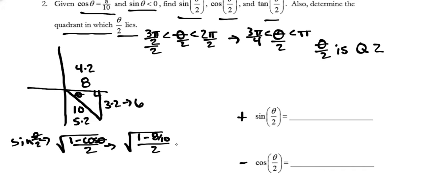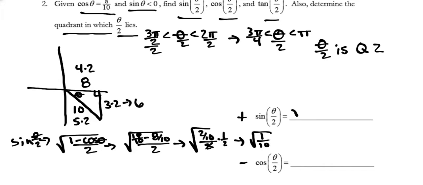And we're going to work this out just so we have a nice fraction underneath. We can get a common denominator. That's the easiest way to do this. So we have 10 over 10 minus 8 over 10, which is 2 over 10 divided by 2, which is the same thing as multiplying by half. So we end up with the square root of 1 over 10.